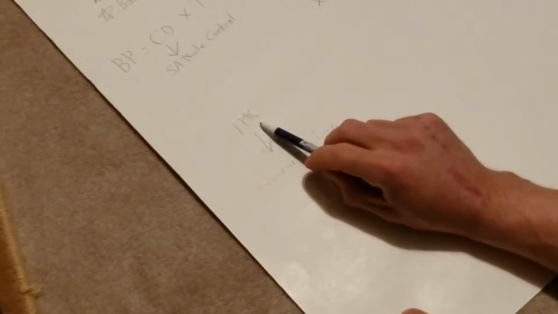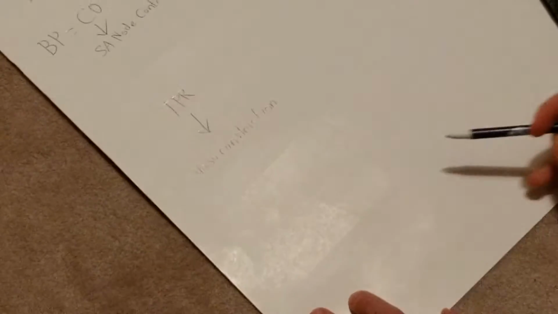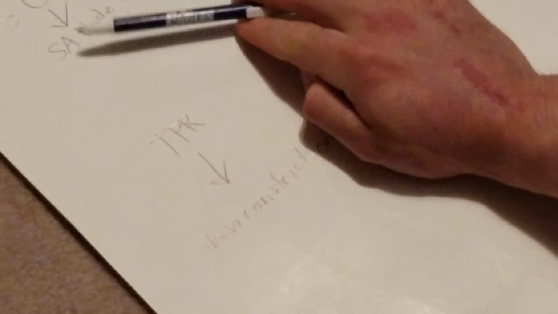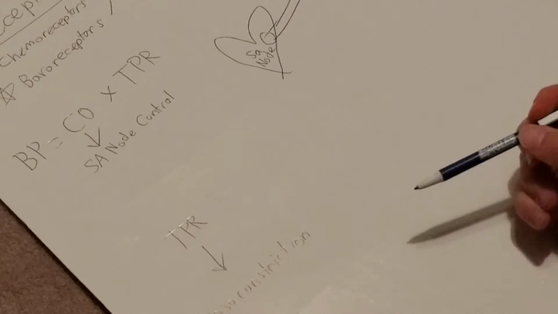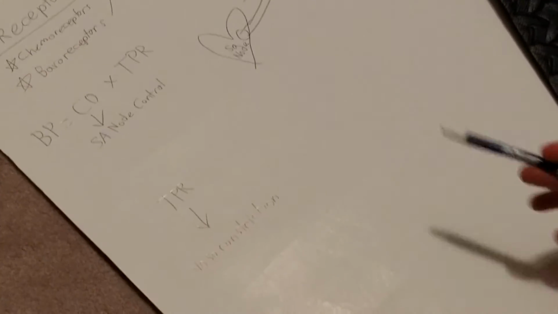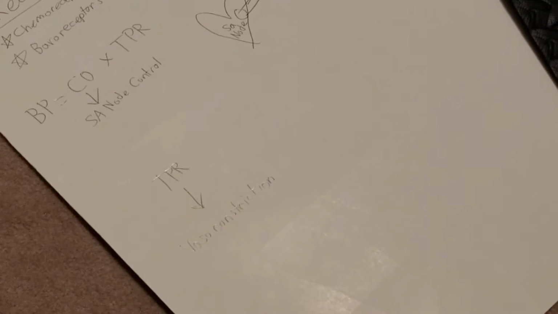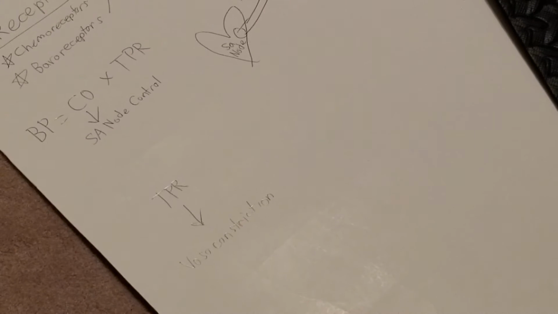Now we're talking about total peripheral resistance and vasoconstriction, and everything here is the exact same for the most part as the cardiac output control, except there's only a sympathetic pathway. We don't have a parasympathetic pathway, so there's no inhibitory center, there's only an acceleratory center.